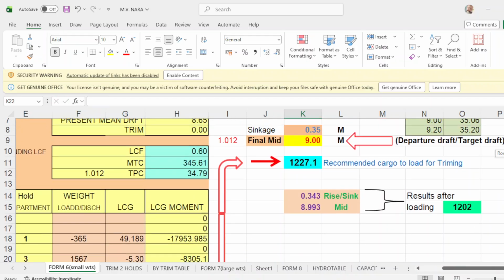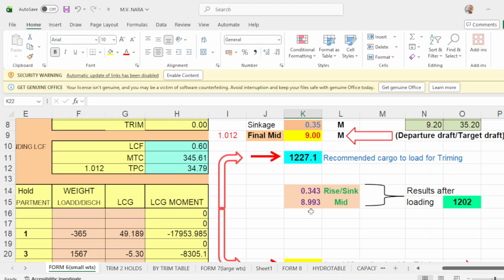Look, your mid is less than your final draft here, which is 8.993, and your sinkage is less again, 0.34, while this one is 0.35.